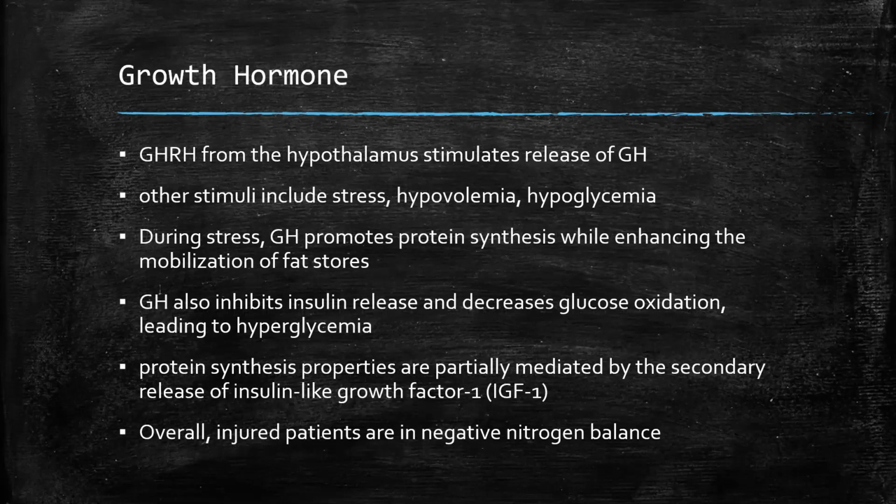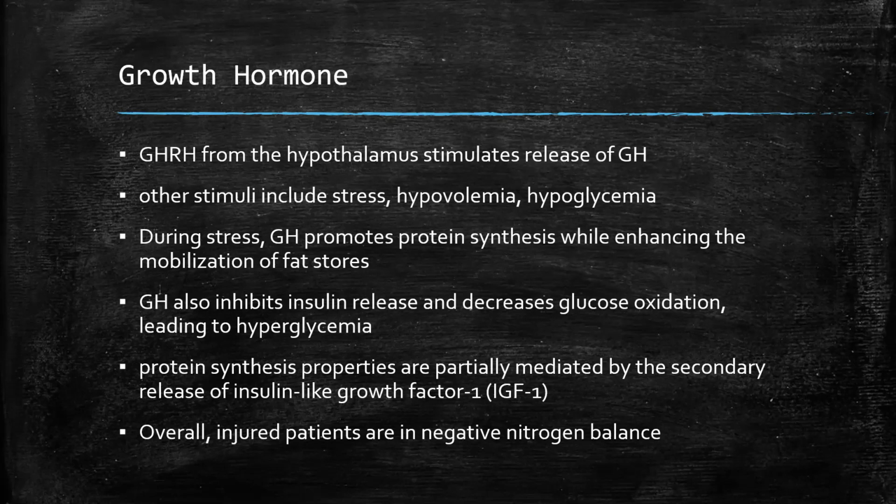The other anterior pituitary hormone worth mentioning is growth hormone. Growth hormone promotes protein synthesis, but not skeletal muscle protein synthesis. Overall, an injured patient is catabolic. They're in negative nitrogen balance. But there has to be some amount of protein synthesis that occurs.